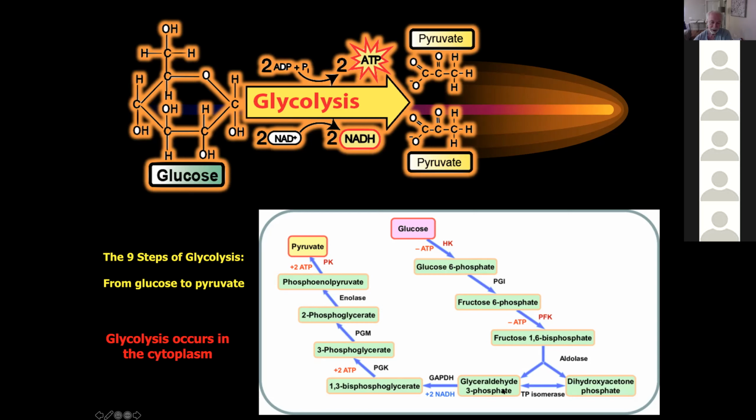But then as the pathway proceeds, you get 2 substrate level phosphorylations, which each generate 2 ATP. So it costs 2, it produces 4, so the net ATP from glycolysis is 2 ATPs.